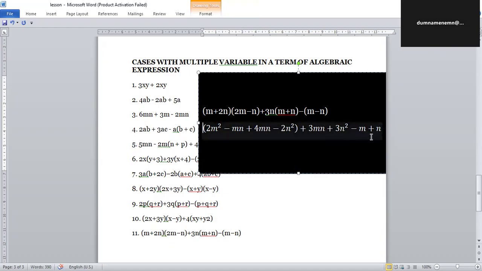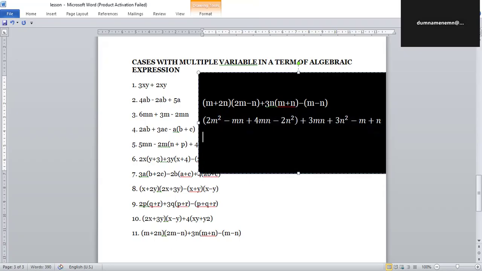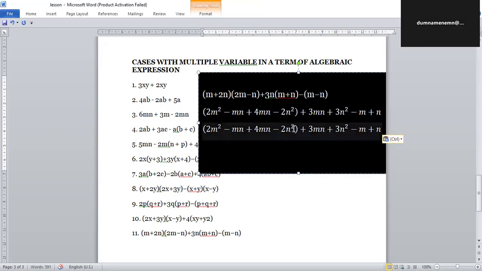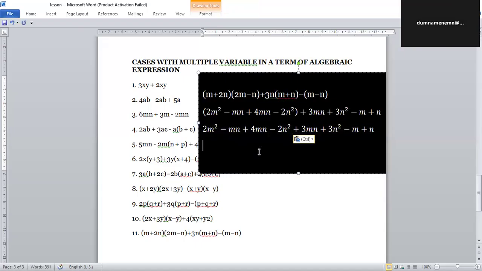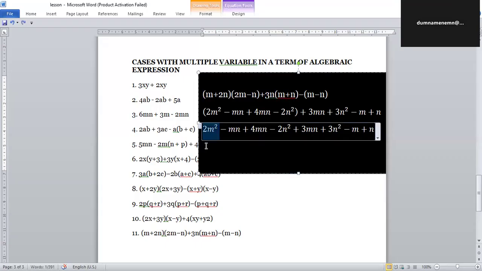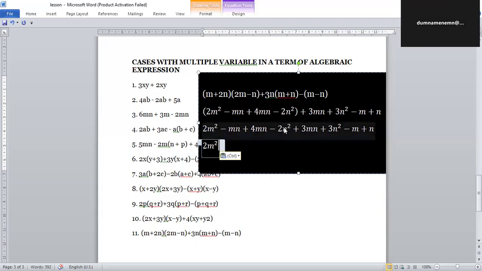So what we're going to be doing now is to collect the like terms. All right, so let's collect the like terms. 2m squared is going to come first. Let's look for another term with m squared.